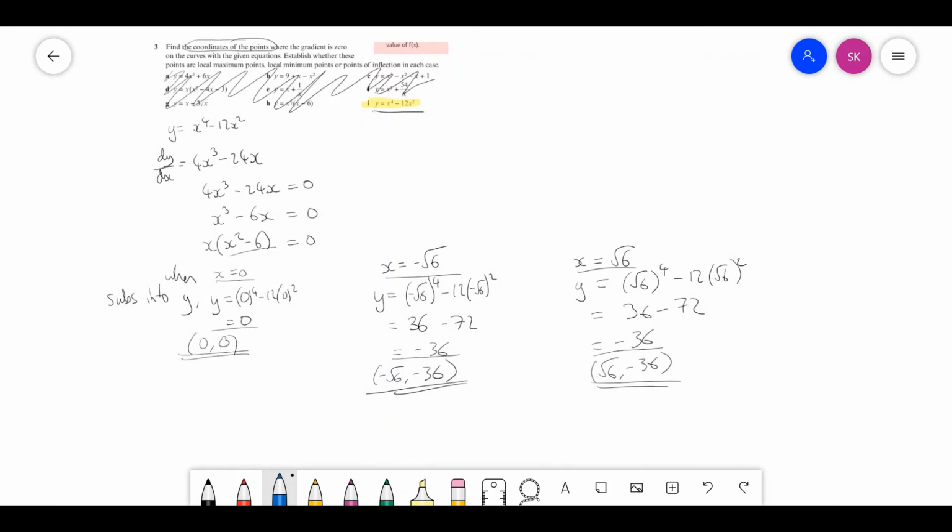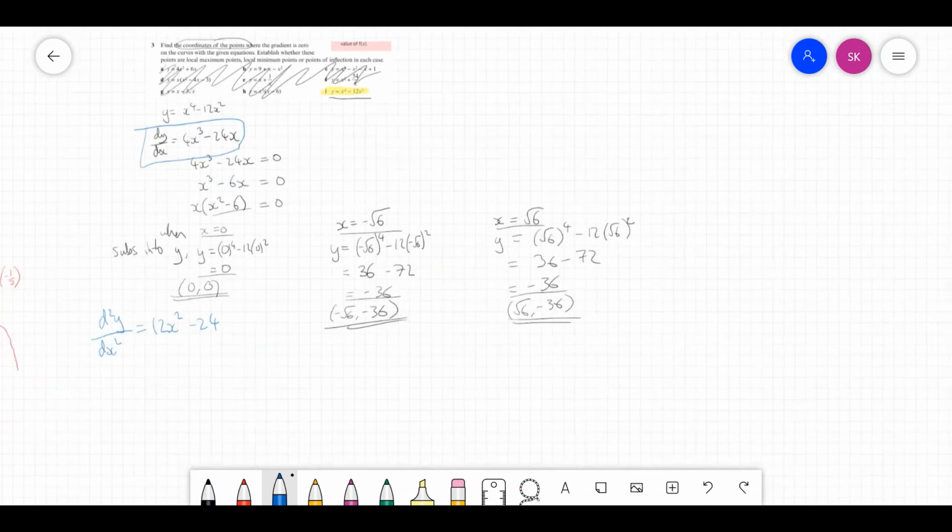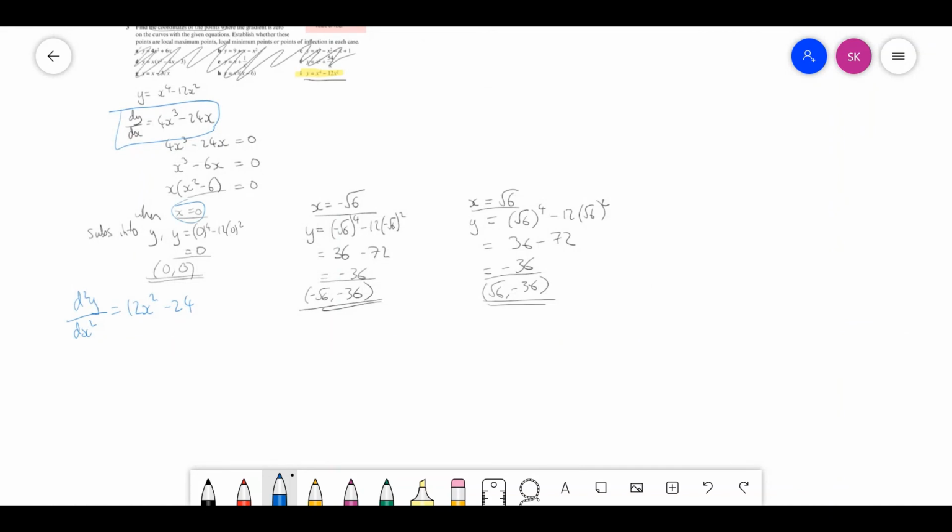So using the first derivative, I'm going to differentiate again, which gives 12x squared minus 24. So now what I need to do for each of these 3 points, when x is 0, x is negative root 6, and x is positive root 6, is find what d2y by dx squared is.